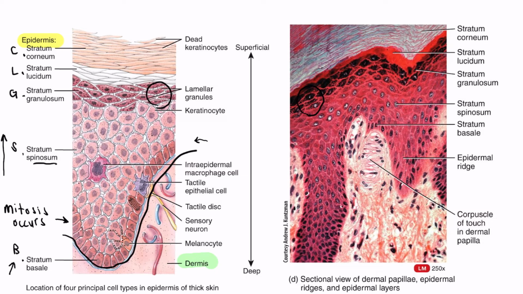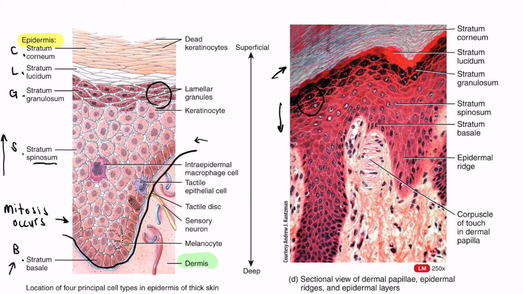So what that means is that the cells superficial to this are all dead. And you can see that here. They don't have their nuclei, right? You can't see their nuclei here. But down here, you can. So the stratum granulosum is a big turning point. This is where cells commit cell suicide, or apoptosis.